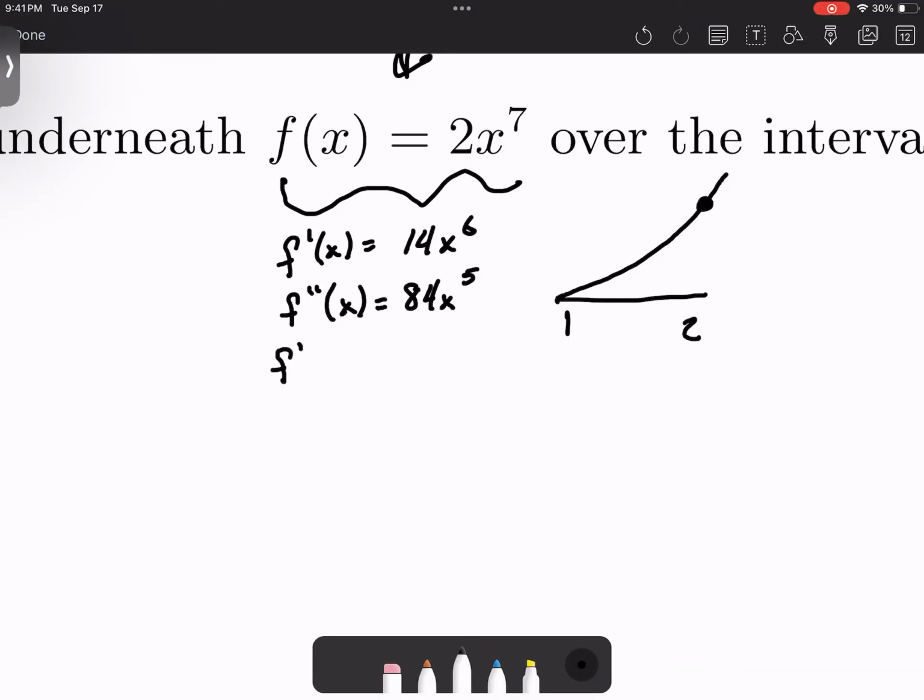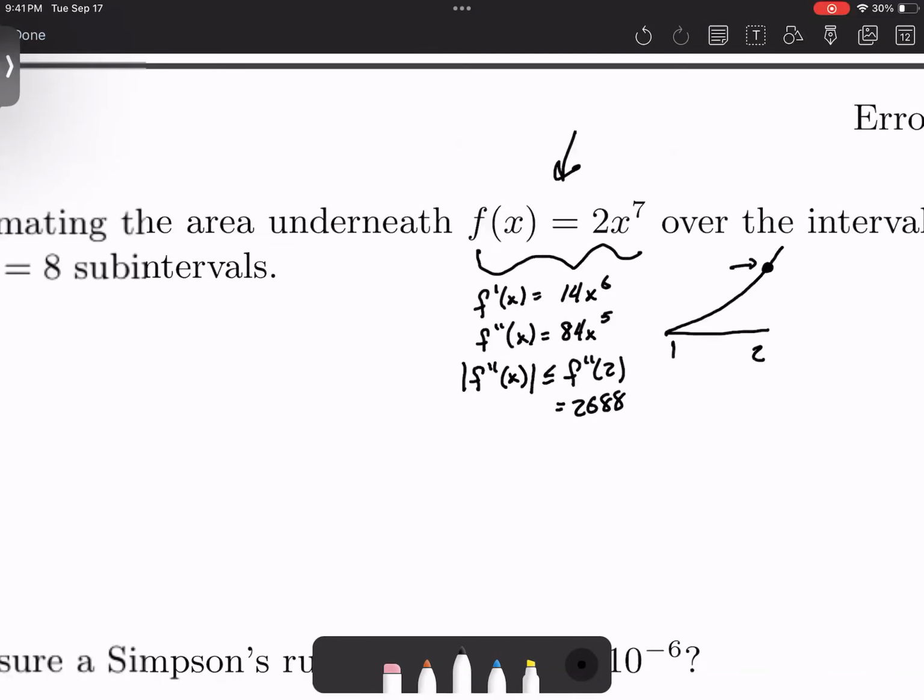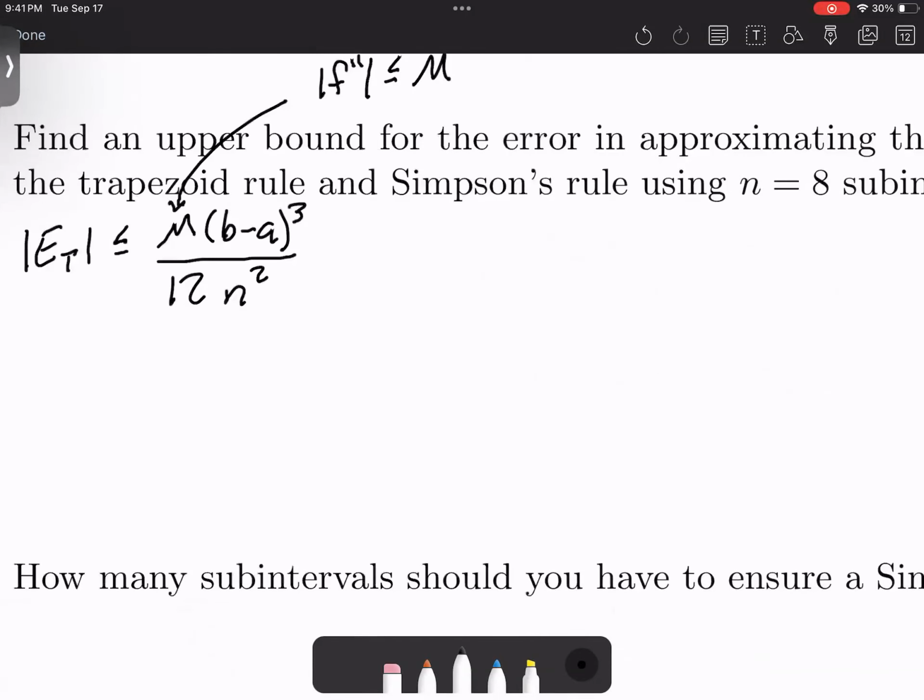So this second derivative over this interval is bounded above by its value at 2, right? The maximum of the second derivative is right there. So my second derivative at the value of 2 is 2,688. So that can be used as our M value over here. An upper bound of our second derivative on our interval is 2,688.